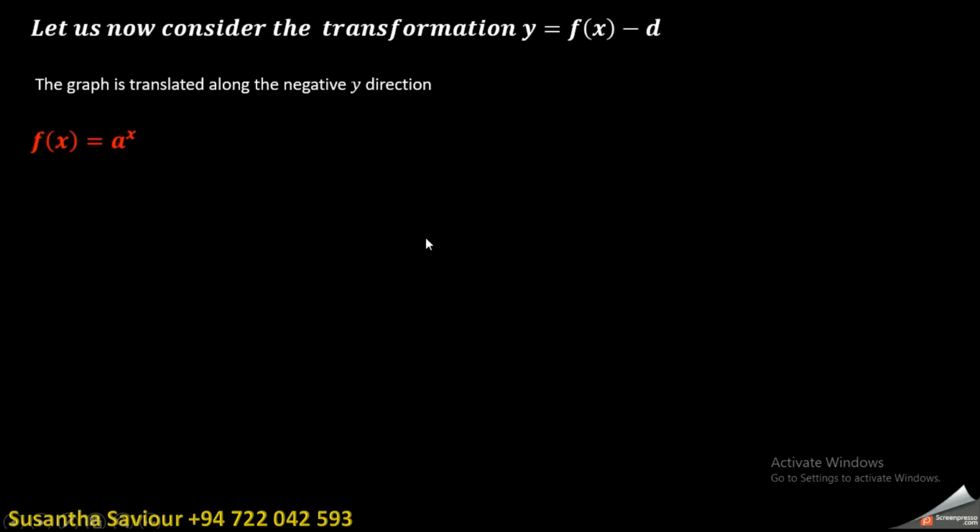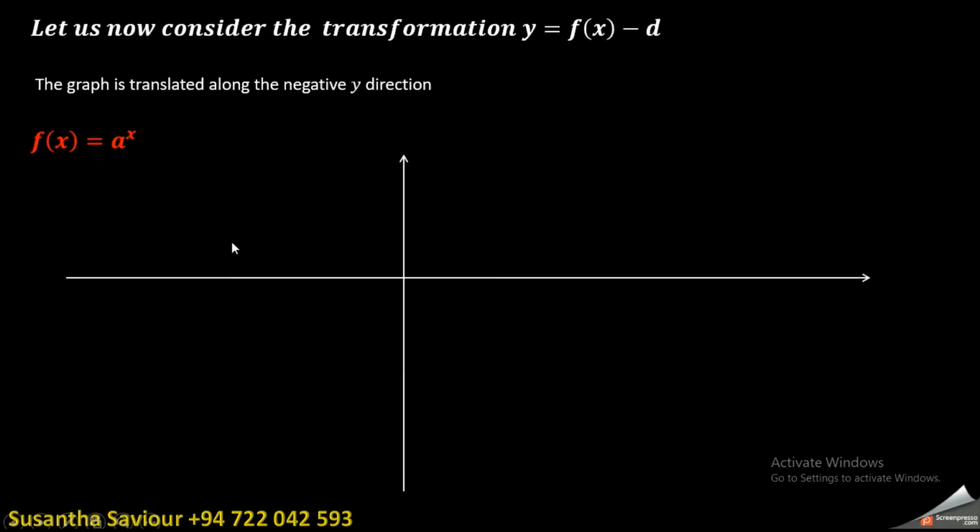If you look at an example, consider the function f(x) equals a to the power x, an exponential function. If you look at the graph of this, it will look like this. When x takes negative infinity, this will go to 0.